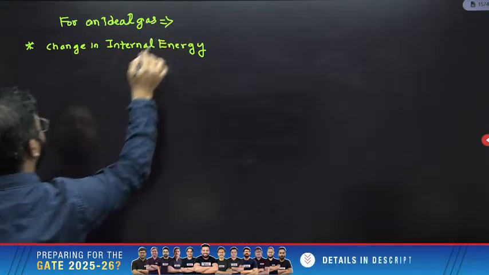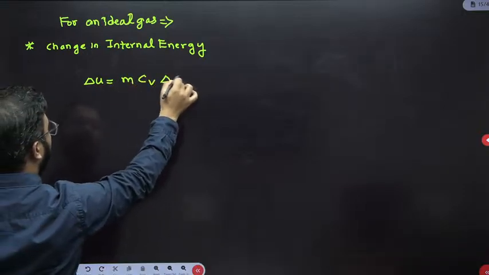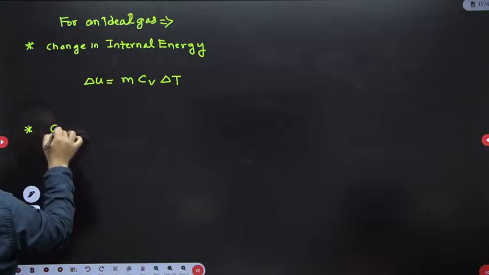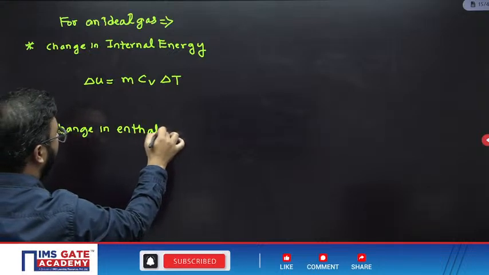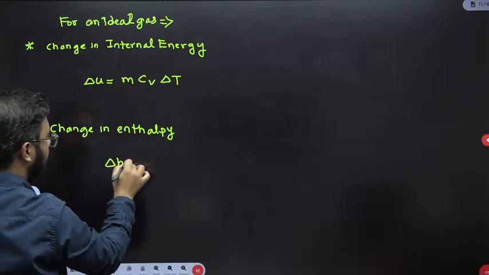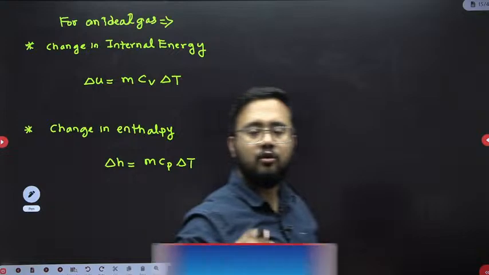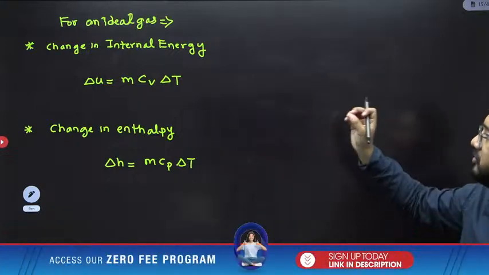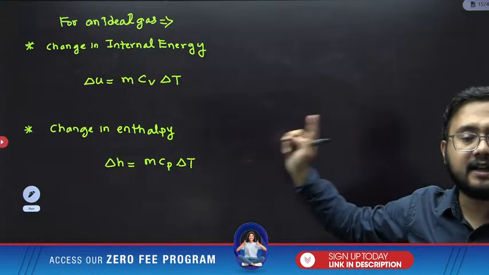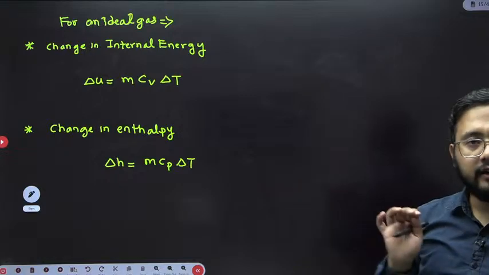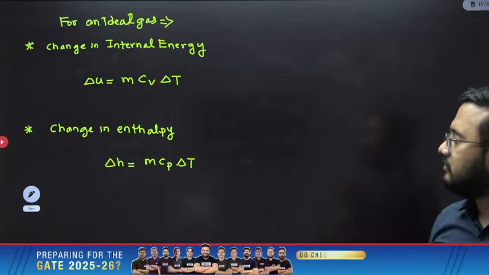For an ideal gas, delta U equals m C_V delta T, and change in enthalpy, delta H equals m C_P delta T, no matter whatever the process is. No matter whatever the process we have, change in internal energy and change in enthalpy we will calculate like this. Remember, for only ideal gas, these relations are applicable: delta U equals m C_V delta T and delta H equals m C_P delta T.